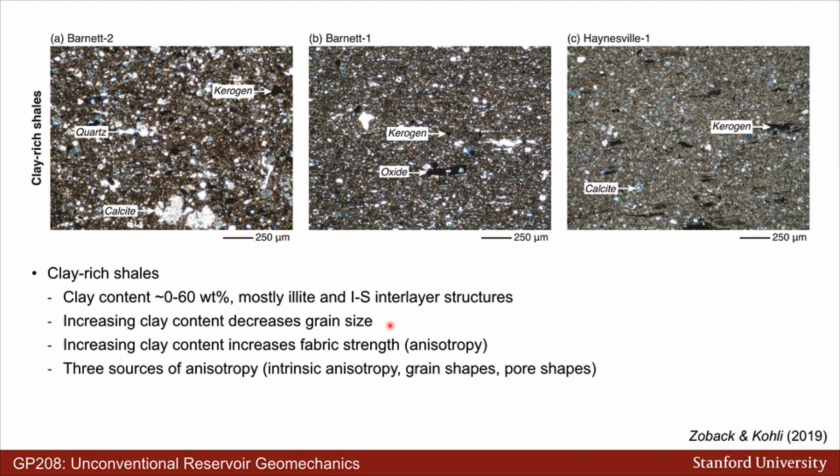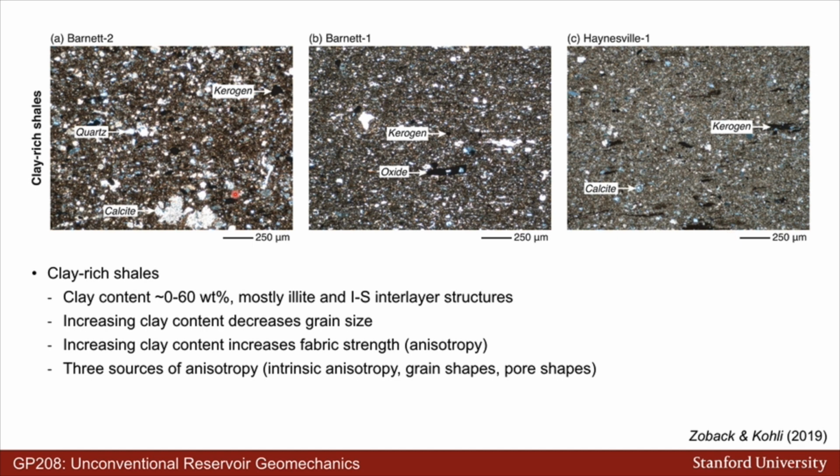To do that, it's useful to classify rocks on individual compositional trends. So for example, these three images here, which are plain polarized light petrographic images, show clay-rich shales from the Barnett and Haynesville reservoirs. And in these images, clay content is increasing from left to right. What we see is that several things happen when you start to increase the clay content of the rock.